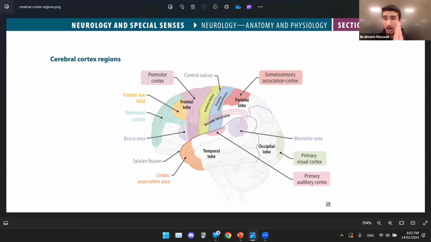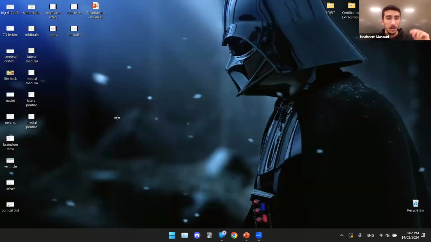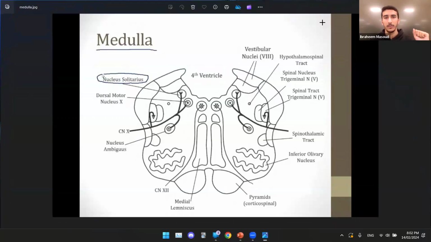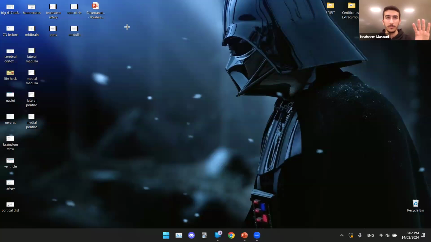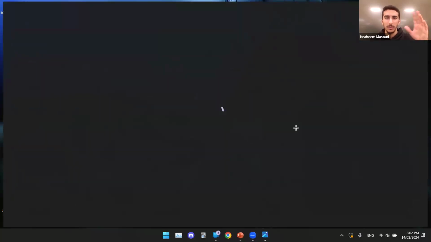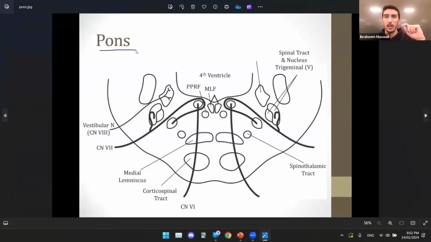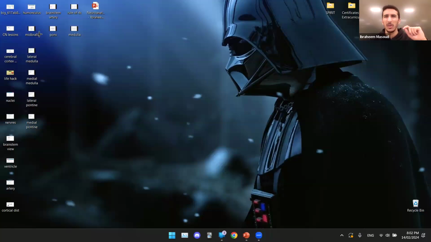Know the ones that Dr. Akif covered, and know Wernicke's and Broca's very well, and know how they present. Know the difference as well, and I told you the difference. What else do I have? You see these pictures? Yeah, this. So the medulla, know it. I already showed you a way to know it, but you need to know how it looks in case you get something, though I don't think you will get any pictures, honestly.